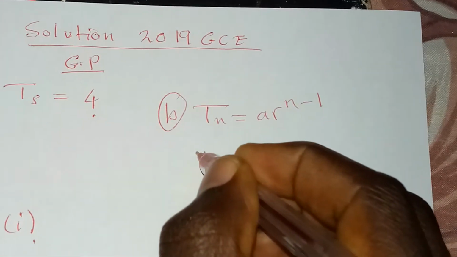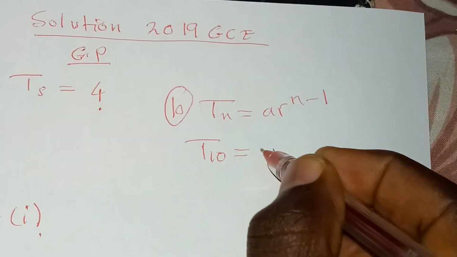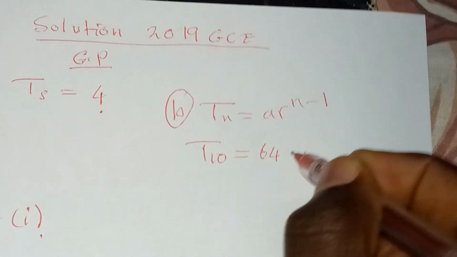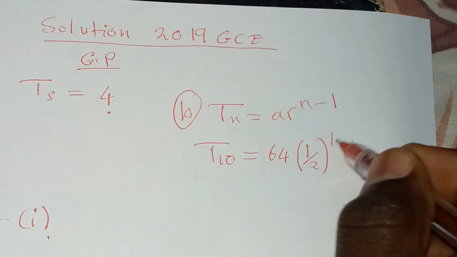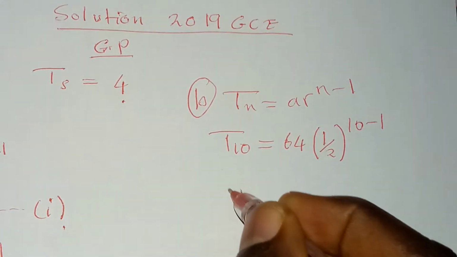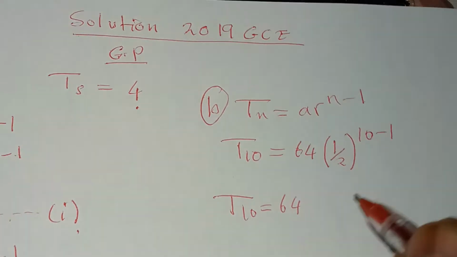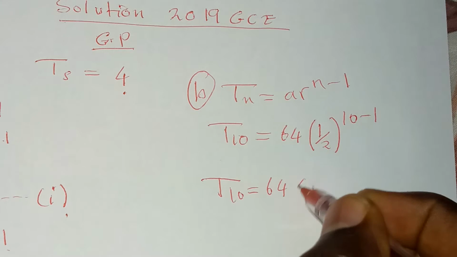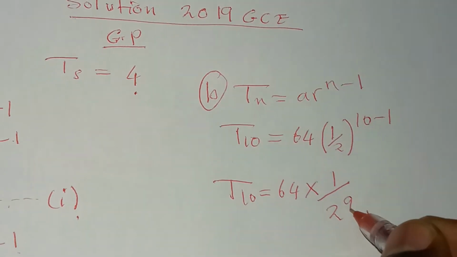Then they are saying the 10th term, where there is n, we replace with 10. This is equal to the first term, which is 64, then the common ratio we have answered, 1 over 2 to the power 10 minus 1. Then the 10th term will be equal to 64 times 1 over 2 to the power 9.